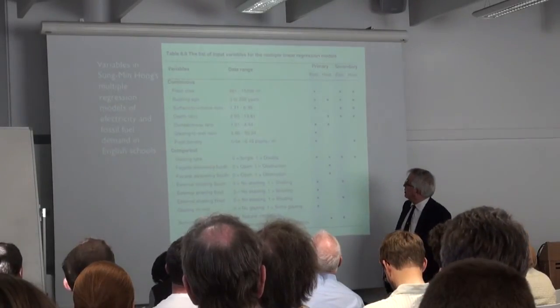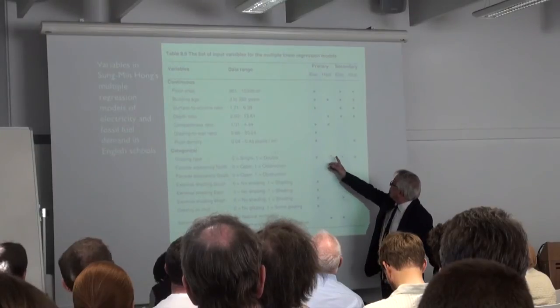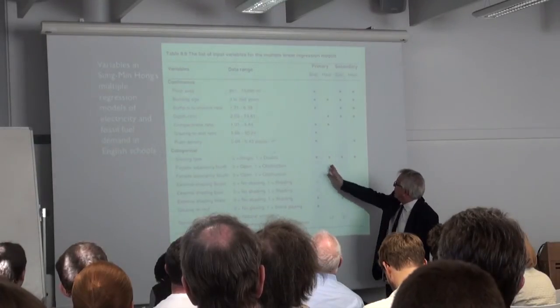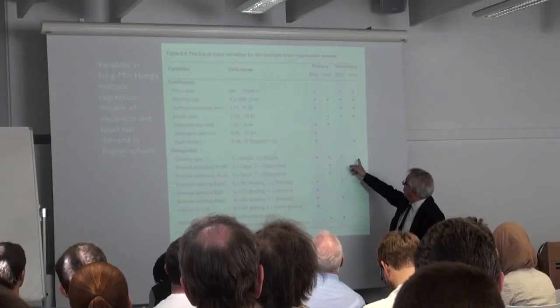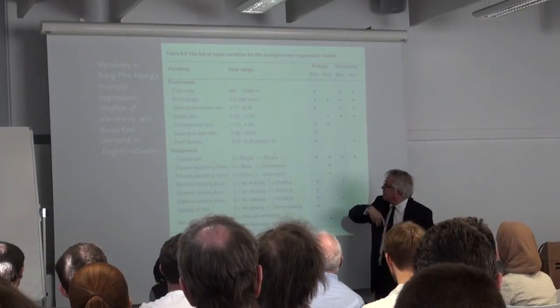So here, this is primary schools, these are secondary schools, this is electricity, this is heat. And these are the ones that are important in each case or have an effect.